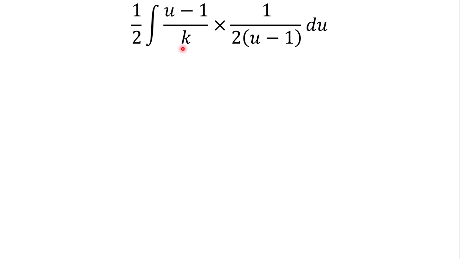We can bring the 1 out of 2 outside, and that is going to give us 1 out of 4 integral of 1 over k dk. Please, this one is dk, not du.